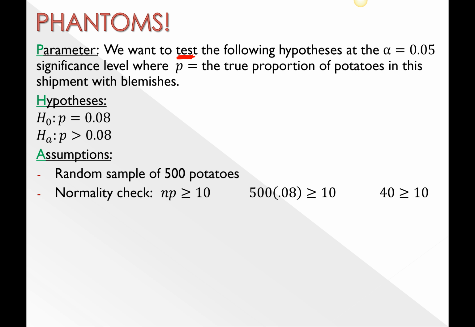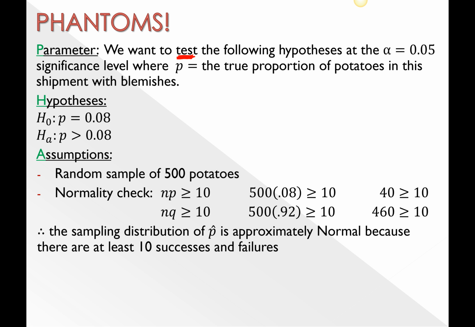Using 0.08 times 500, we expect to see about 40 potatoes have blemishes if 0.08 is the true proportion, which means we expect to have 460 failures, 460 potatoes that don't have blemishes. So we already see that we're about 7 over what we expect in terms of blemishes. Let's see if that's going to be significant enough.